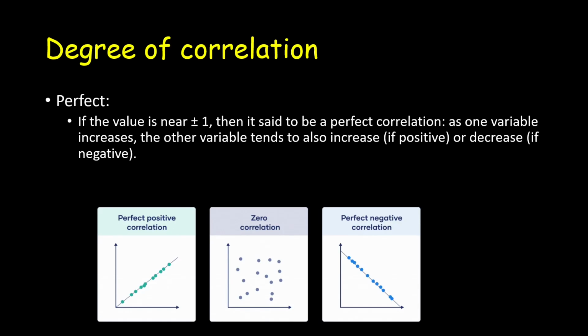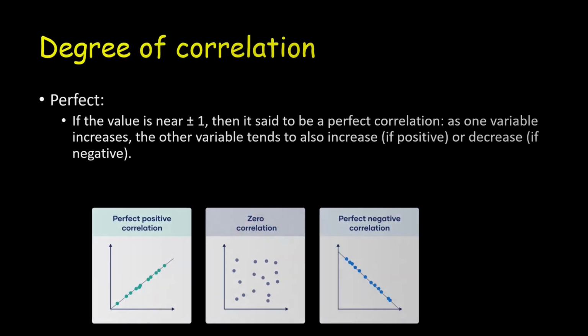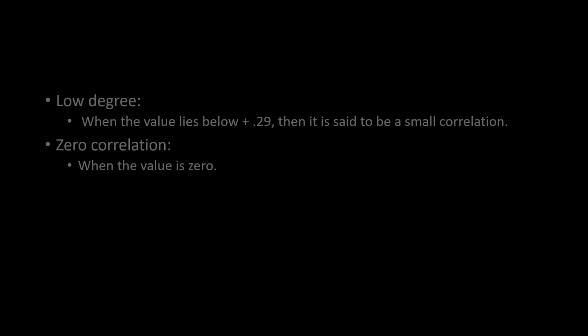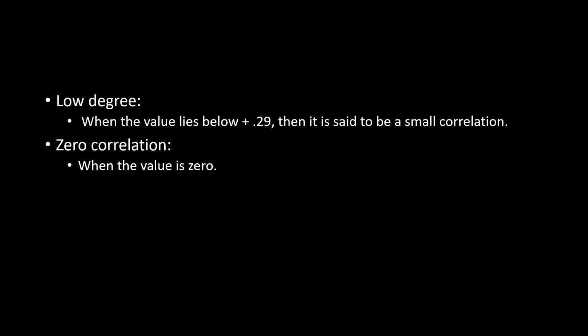Second is high degree: above 0.50 and minus 0.50 is a strong correlation. Moderate is 0.30 to 0.49, plus or minus, which is a medium correlation. Low degree is below that, a smaller relationship.